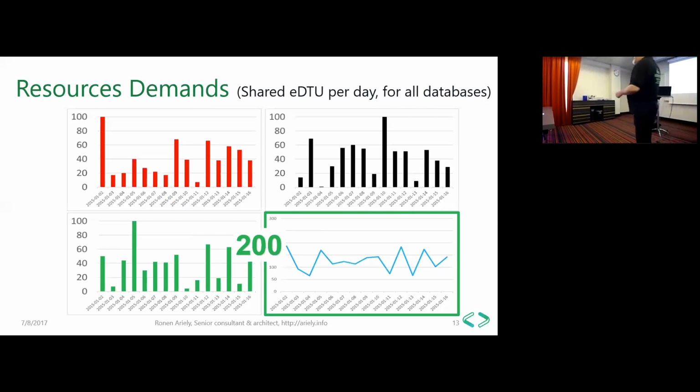If we take these theoretical graphs to the Elastic Pool, we immediately, without doing anything, will need to pay for less than 200 resource units. But this will be a shared resource unit, eDTU, Elastic DTU. And this is much better than paying for 300 resource units.